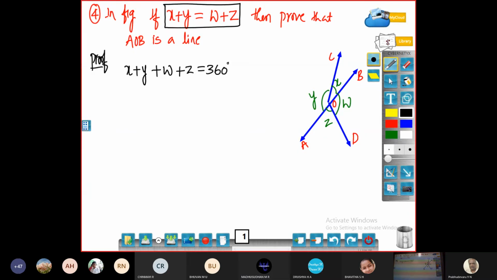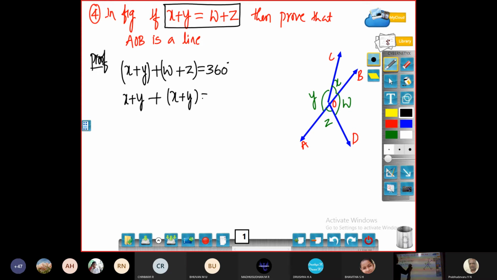So there is no doubt in this. You can take the angle formed at the center, the complete angle, is equal to 360 degree. Sum of all the four angles is 360 degree. Now we have that x plus y is equal to w plus z. You can write this as one group. So in place of x plus y you can write w plus z, or in place of w plus z you can write x plus y. So I will write x plus y as it is, and in place of w plus z, I will write x plus y only.